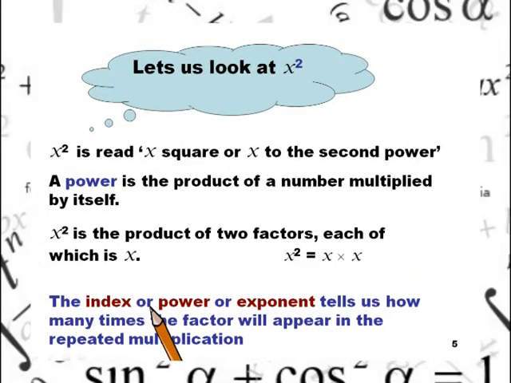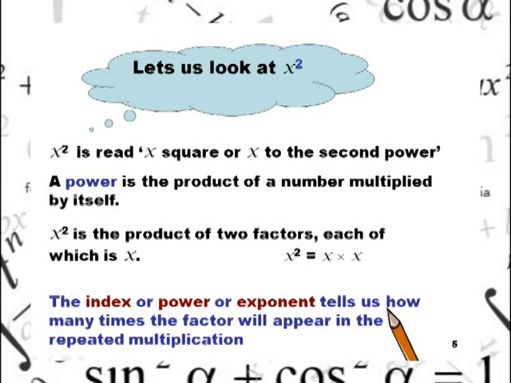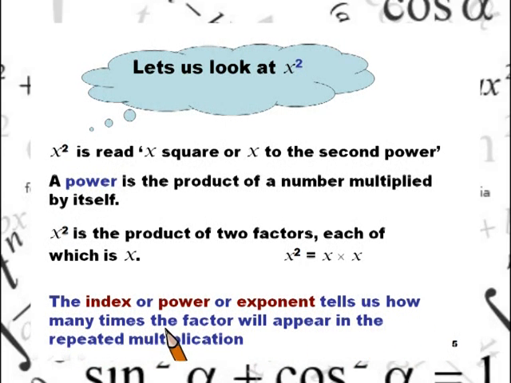The index or power or exponent tells us how many times the factor will appear in the repeated multiplication.